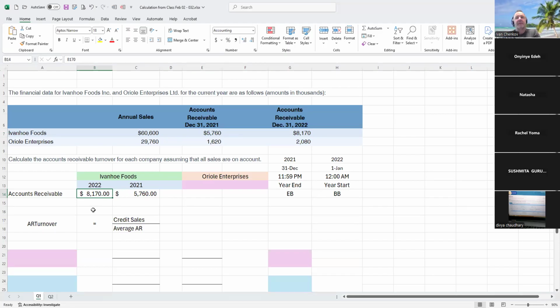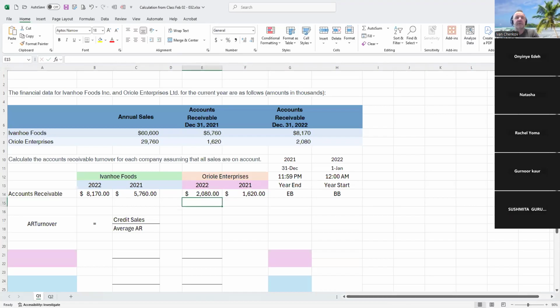What's the ending balance for 2022? 8170. Okay. How about the other company? We have 2022 and 2021. What's the beginning balance? What's the ending balance in 2021? What's the number that I have to put here? 1620, right? How about here?